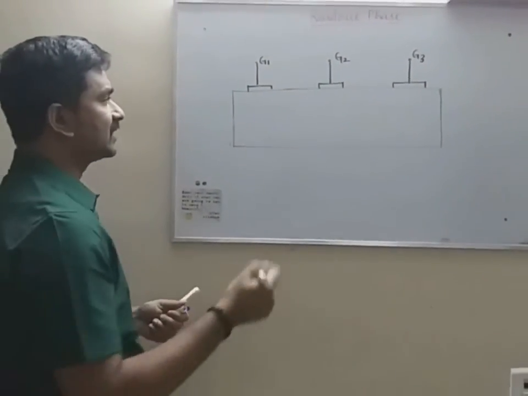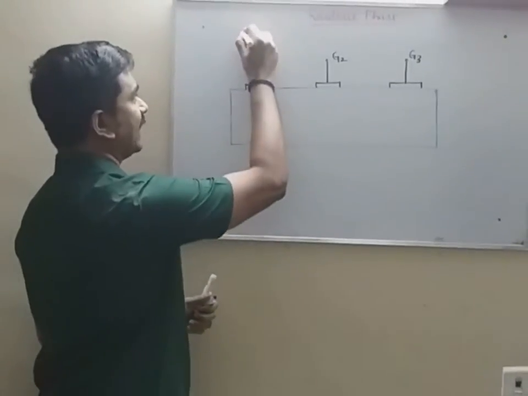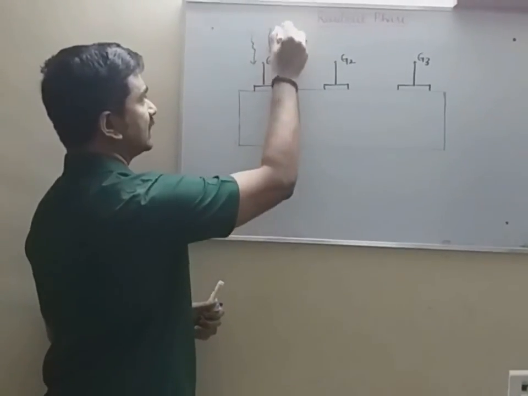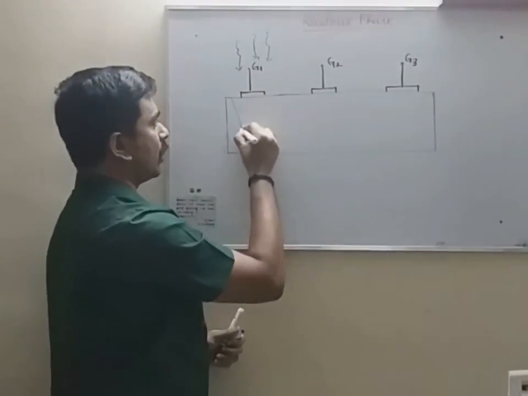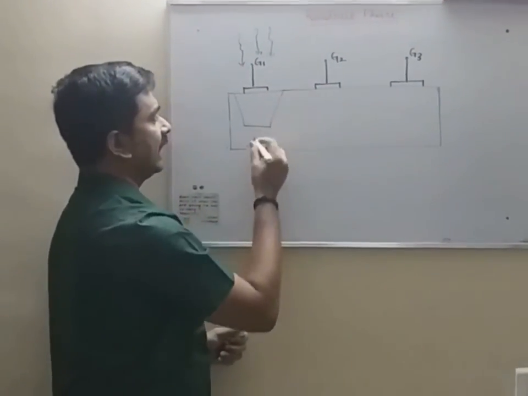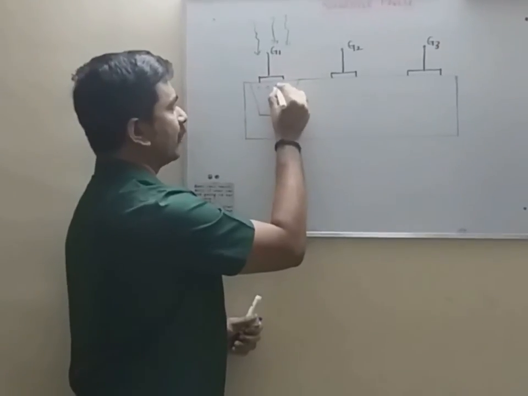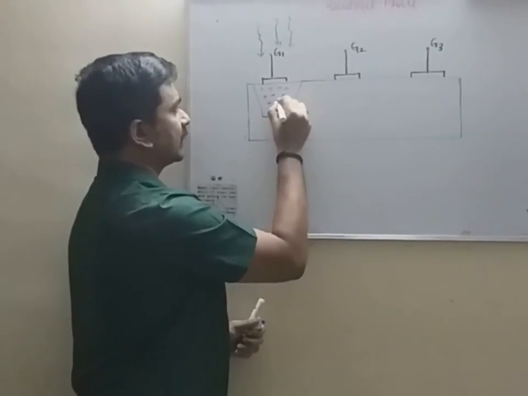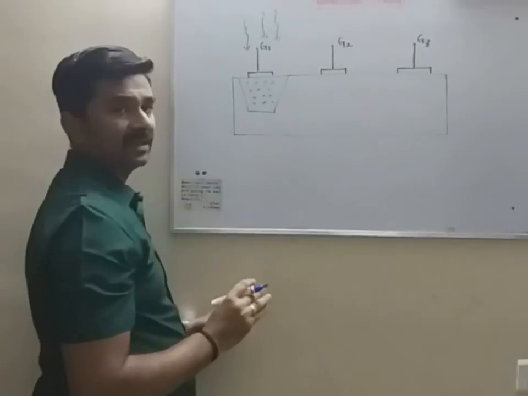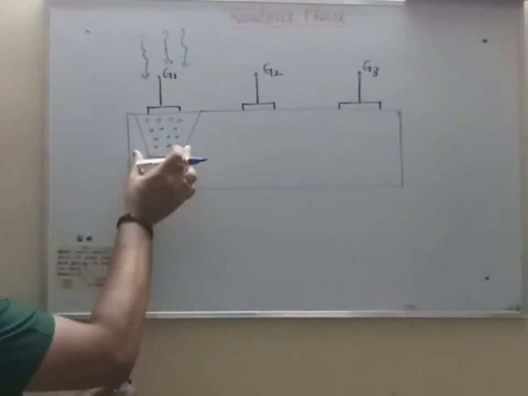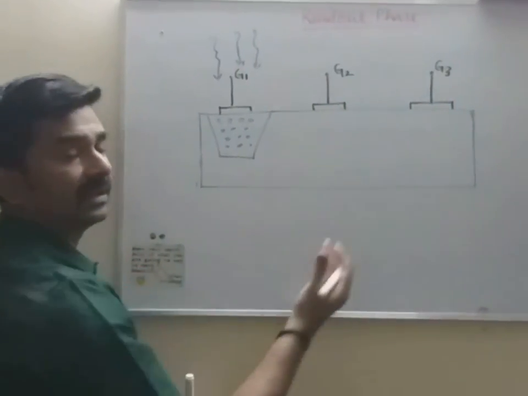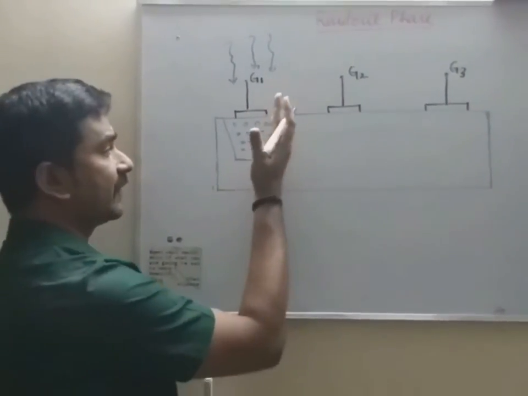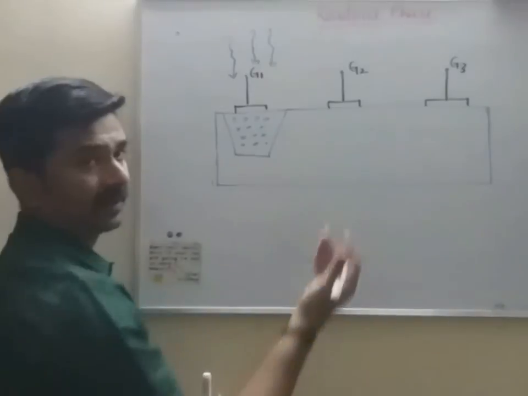The objective here is to transfer, say for example, if light has fallen on this gate, we would have got a potential well, and inside the well we would have photoelectrons stored. Now we need to transfer the charges from one pixel to another.